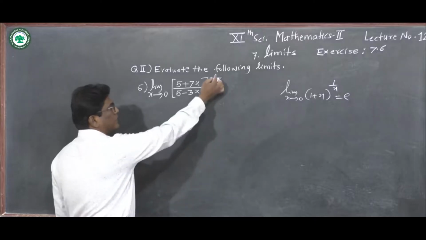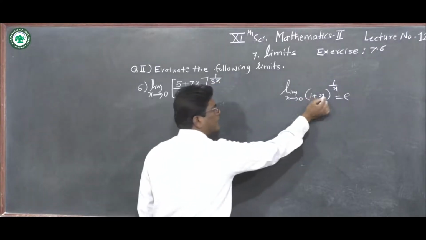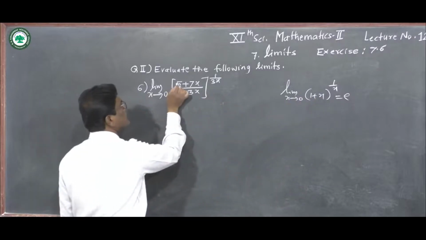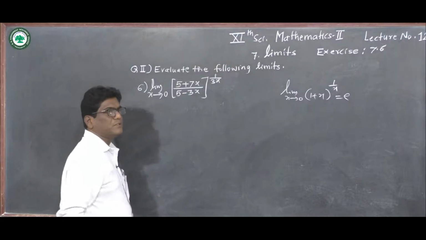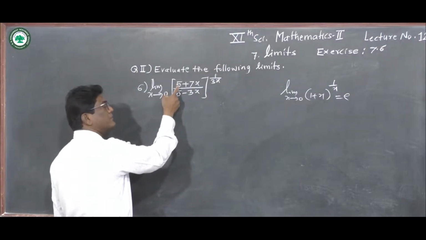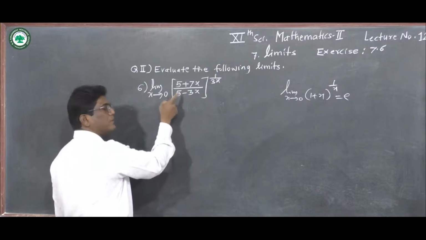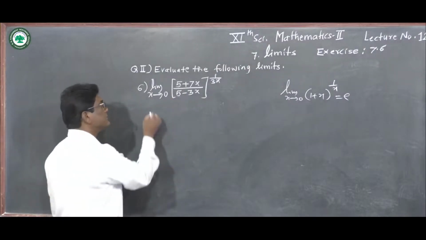So here, with 1/(3x), we use that formula, but in the bracket we must have 1 plus x, whereas here 5 is given. If we divide by 5, 5 by 5 gives 1, so we divide numerator and denominator by 5.